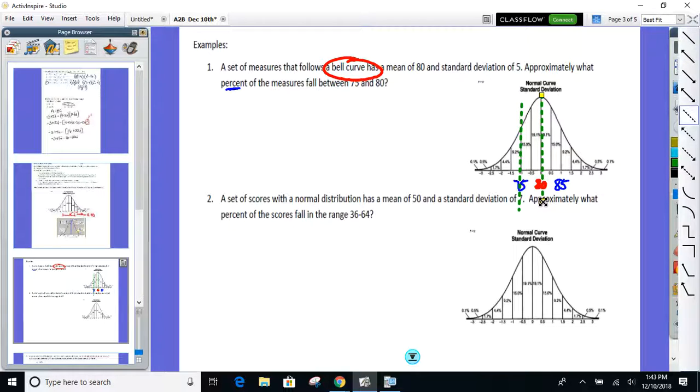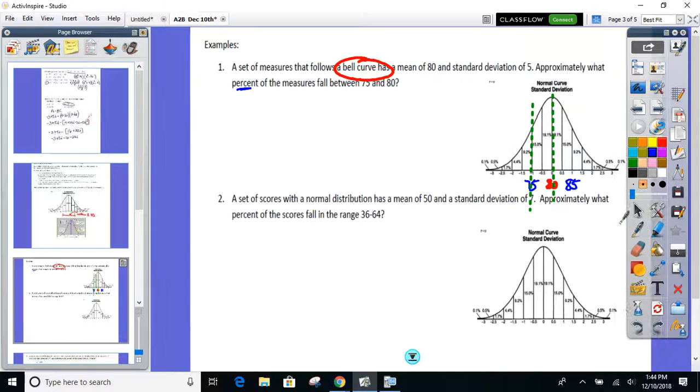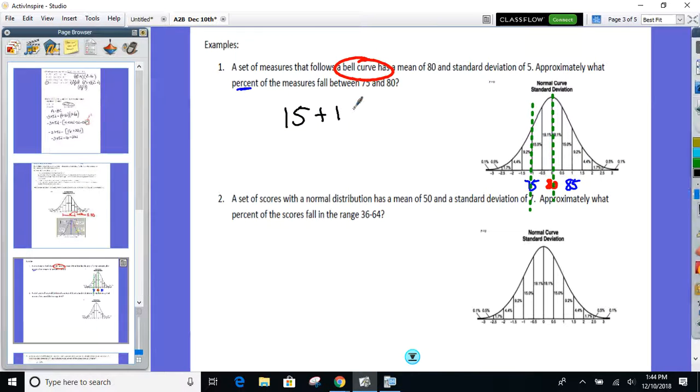Because it follows a bell curve, that's the percent of students that scored between a 75 and an 80. That's 19.1. And that's a 15.0. I know it's tough to see. I needed to fit it in the problem, sorry. So it's telling us, add 15 plus 19.1. What percent of students scored between a 75 and an 80 for us?